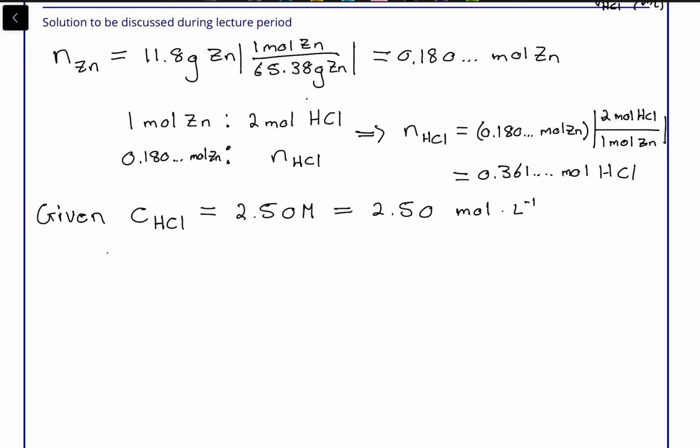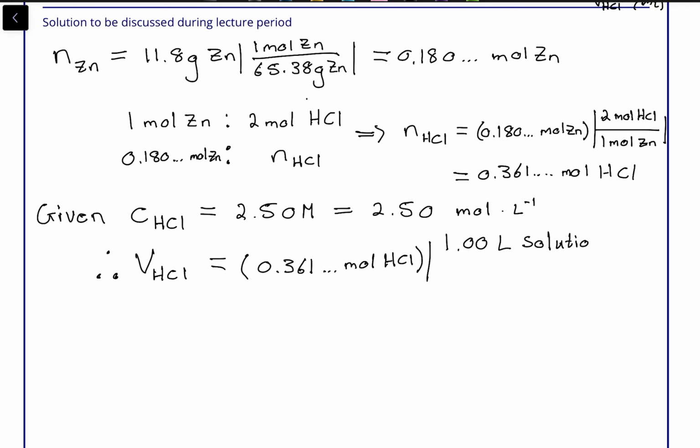So we can then say volume HCl is going to be equal to the number of mole, which is 0.361, etc. mole HCl, divided by the concentration, which is the same as saying in 1.00 liter of solution there is 2.50 mole HCl, right?